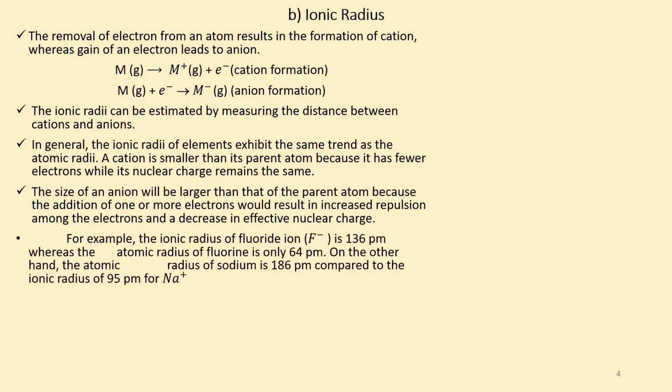For example, the ionic radius of the fluoride ion F minus is 136 picometers, whereas the atomic radius of fluorine is only 64 picometers. Similarly, the atomic radius of sodium is 186 picometers compared to the ionic radius of 95 picometers for Na+.